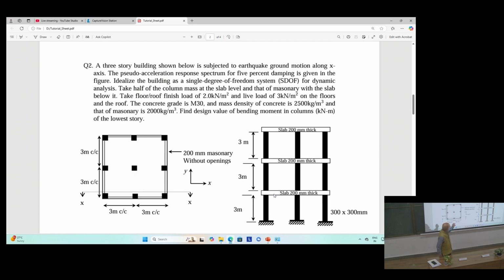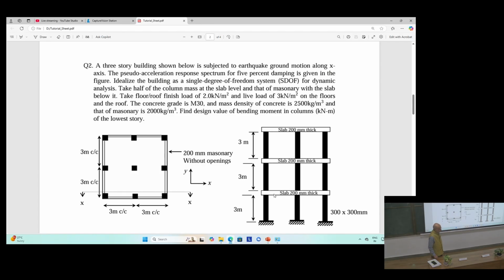So find the design value of bending moment and shear force, because ultimately we need these two parameters, bending moment and shear force, for design of any structure. If torsion is coming, then it's a different way, but torsion we check. Torsion cannot be a measured force for design.